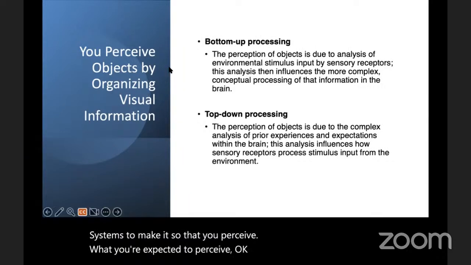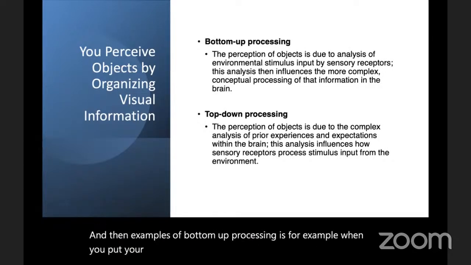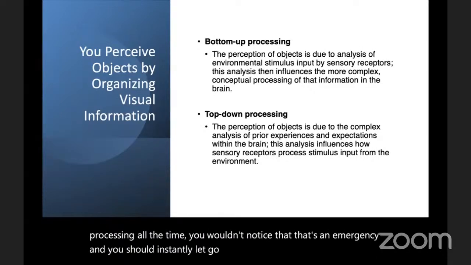Okay. And then an example of bottom-up processing is, for example, when you put your hand on a burner. Okay. Now, if you're doing top-down processing all the time, you wouldn't notice that that's an emergency and you should instantly let go. Okay.